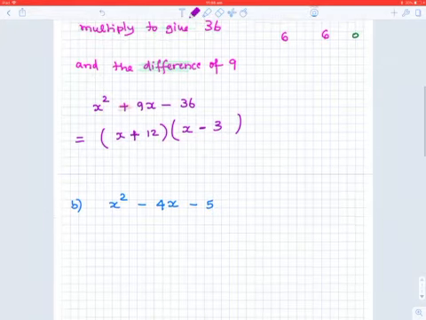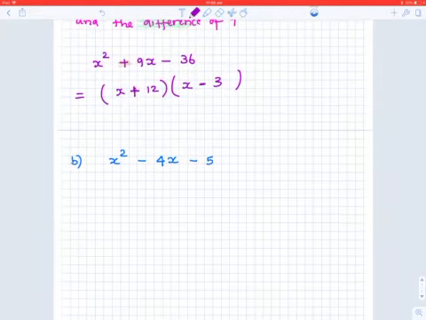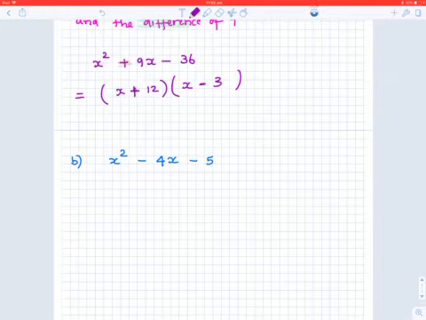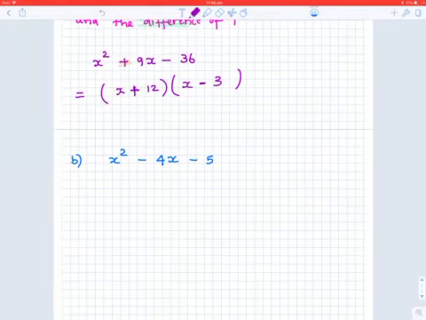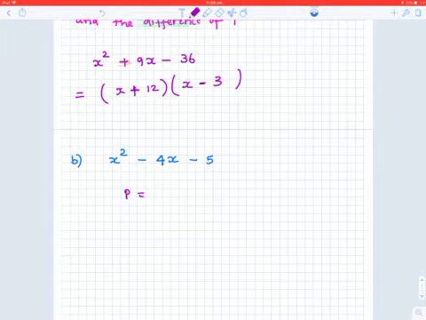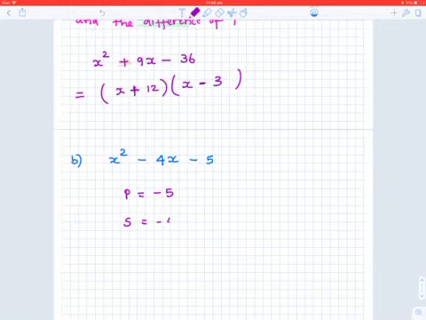Okay, let us do another question. Now again, looking at example B, we are still factorizing. We are factorizing x squared minus 4x minus 5. As I told you, even though it's minus 5, I'm just going to write the product as 5 and the sum as minus 4.